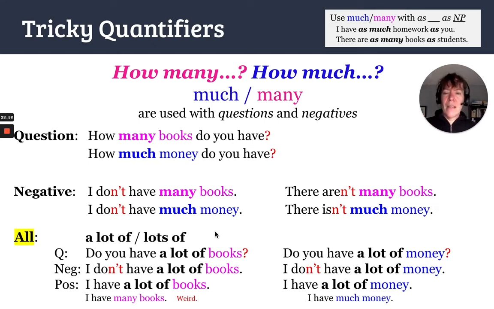Most people say a lot of. So don't say I have many books. I have many friends. Just say I have a lot of friends. Sounds natural. Now with much, this is not just weird. With much, it's wrong. I have much money. Wrong. So it's better just to remember, much and many, not in a positive statement.